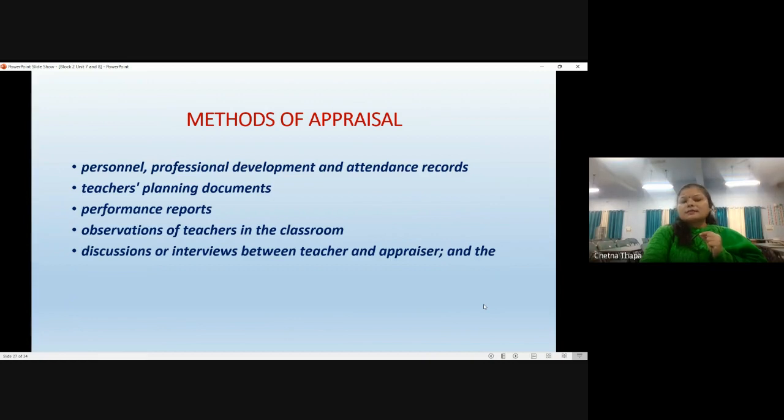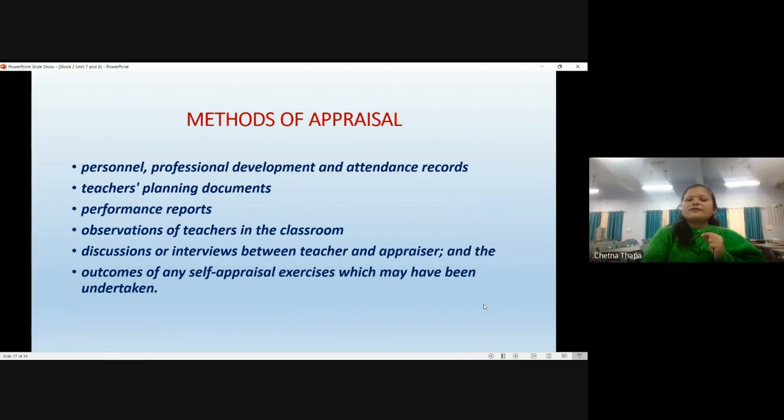You need to have an interview between the teacher and the appraiser. What are the outcomes of any self appraisal exercises which might have been undertaken? You might have framed a certain kind of questionnaire, and that questionnaire needs to be filled by the individual itself, or by the other staff members. Then their outcomes may be used for the appraisal.